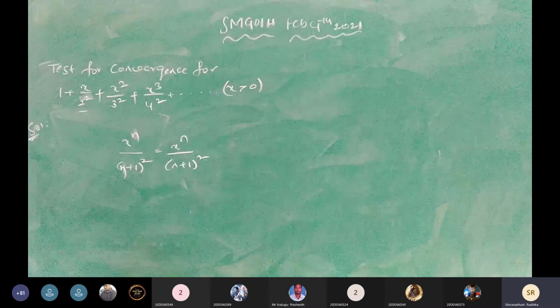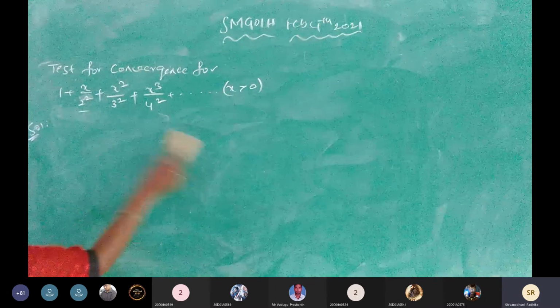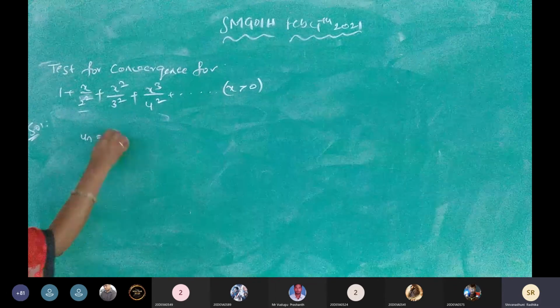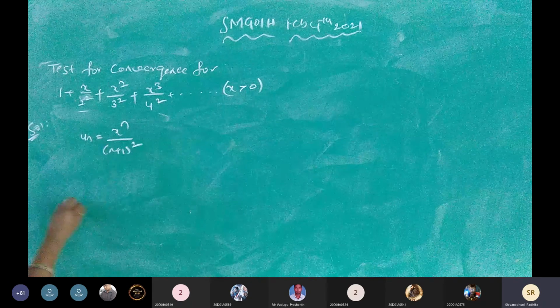Obviously the nth term is applicable for all terms except the first. Okay, so this is the nth term. Once again I write un equals x to the power of n by n plus 1 whole squared, and un plus 1 is x to the power of n plus 1 by n plus 2 whole squared. Is it clear?